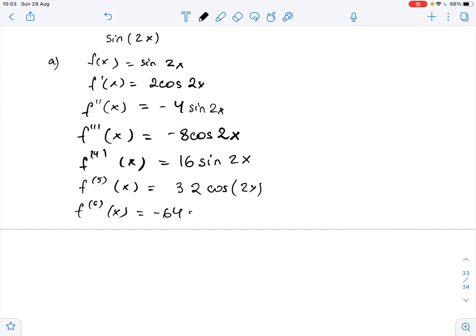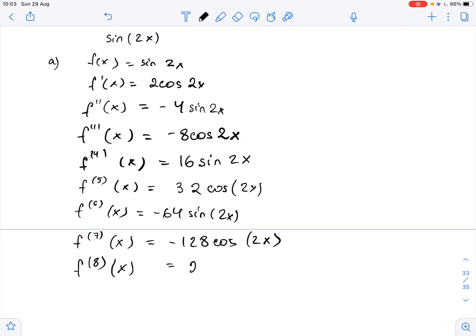The sixth order derivative of f of x equals negative 64 times sine of 2x. And the seventh order derivative of f of x equals negative 128 times cosine of 2x. And the eighth order derivative of f of x equals 256 times sine of 2x.